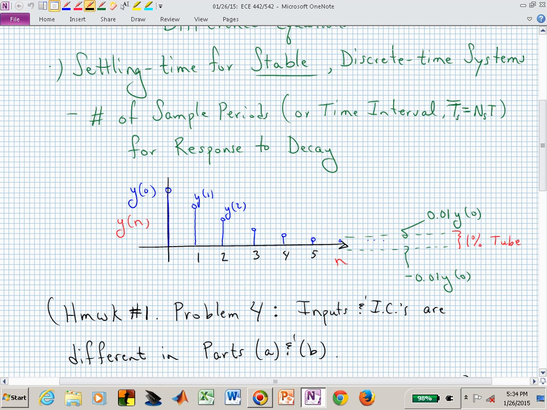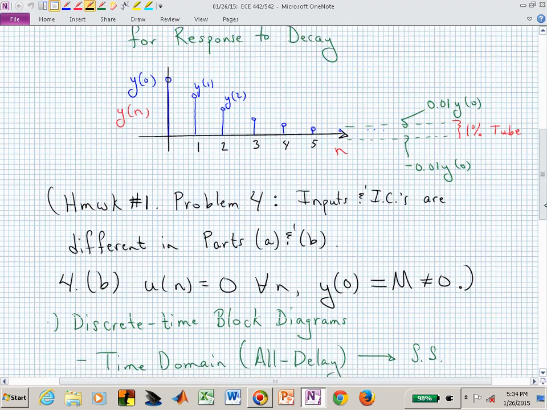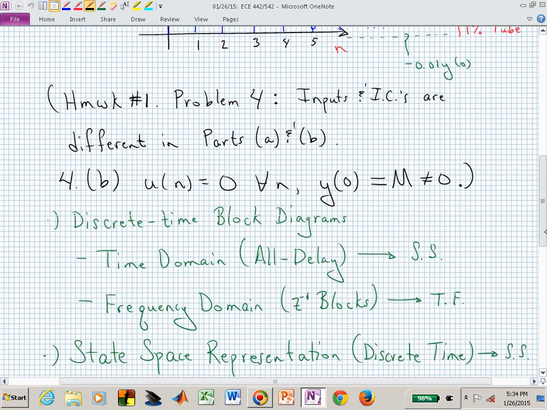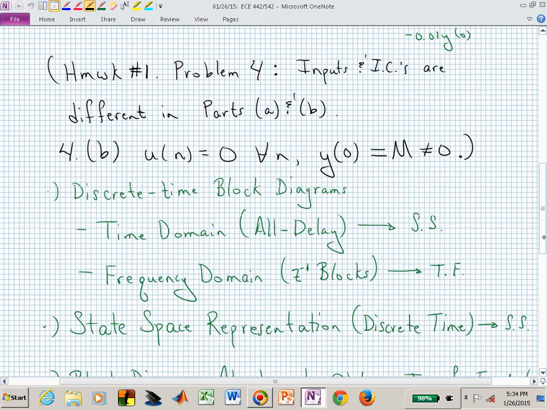Problem number 4 on homework 1 maybe could have been reworded or stated more clearly based on some questions that I'm receiving. It's always clear to the writer. It made perfect sense to me when I worded it, but in terms of you understanding it, don't try to connect parts A and B's initial conditions and inputs.